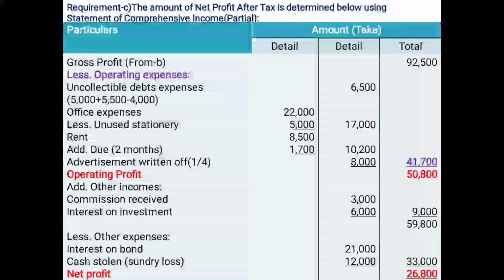Another item from adjustment, cash stolen from the cash box, that is the amount of accidental loss, is written in other expenses. So cash stolen or sundry loss is written in the middle column, taka 12,000. At this moment total other expenses taka 33,000 is written in the outer column. Now we can get the amount of net profit, taka 26,800.